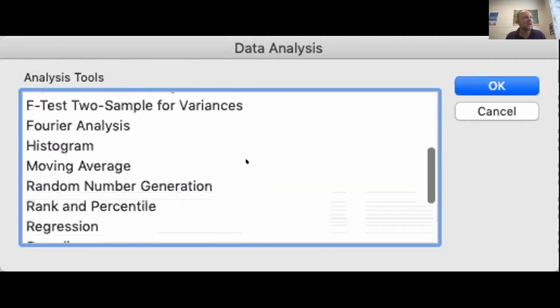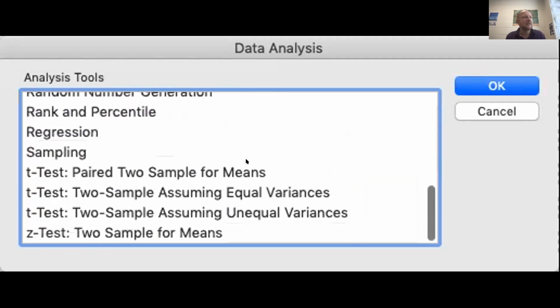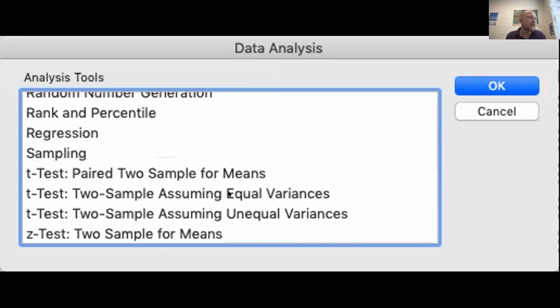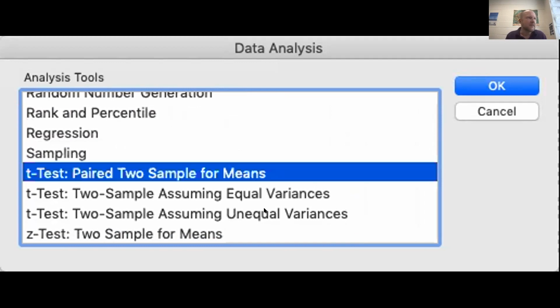But for right now, we're looking for t-testing and paired. So t-test paired two sample for means. Okay. And z-test two sample for means. And so we're looking for the paired two sample. And we're going to go ahead and tell it that that's okay.